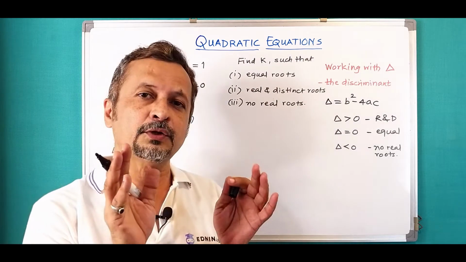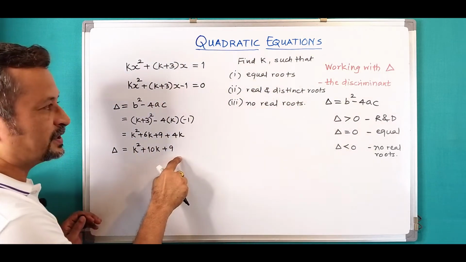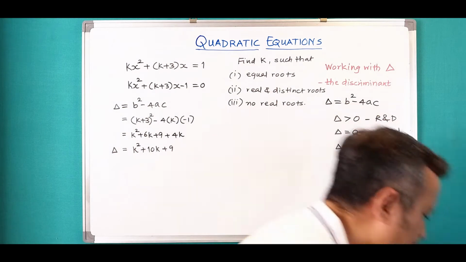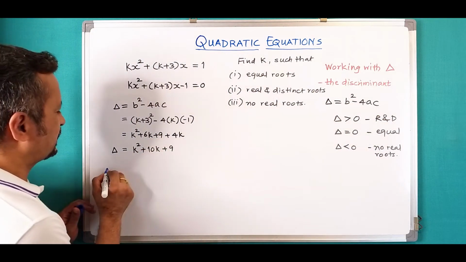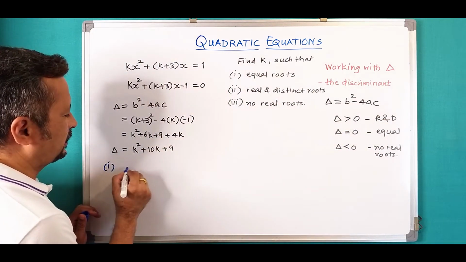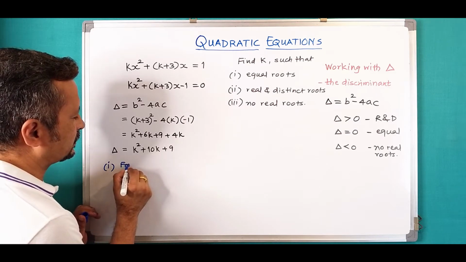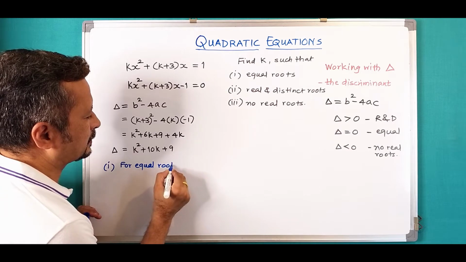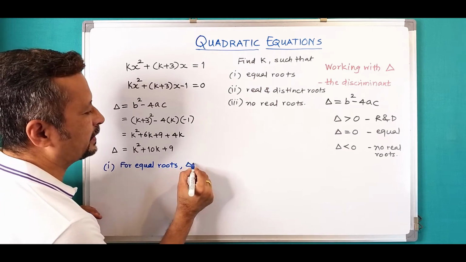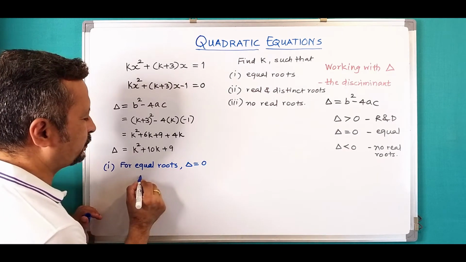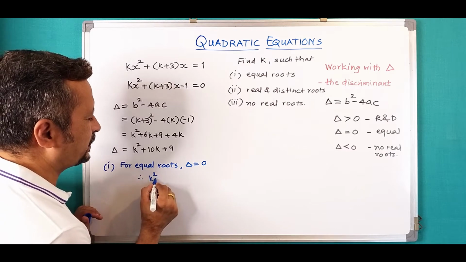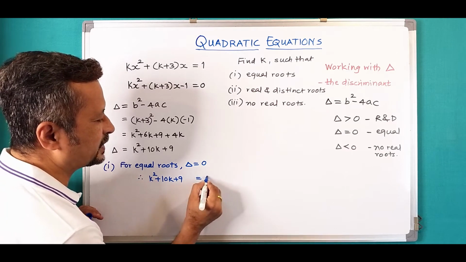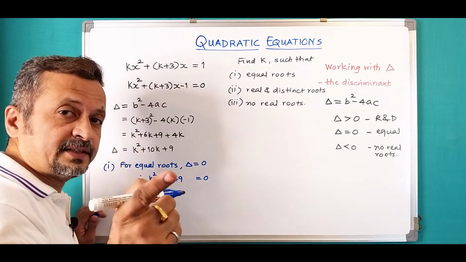Let me check for equal roots. For equal roots, delta has to be 0. So I am taking number 1. For equal roots, delta equal to 0, therefore k square plus 10k plus 9 equal to 0. I am going to use the factorization method.